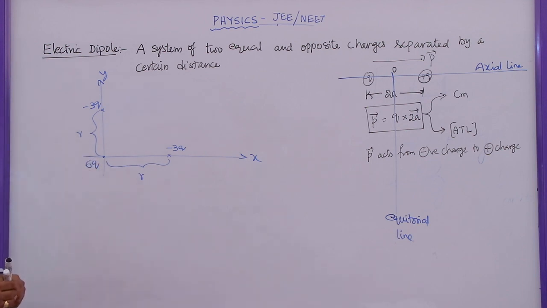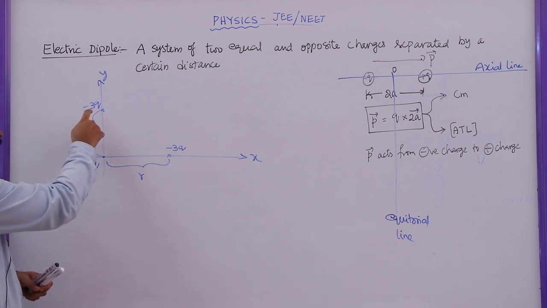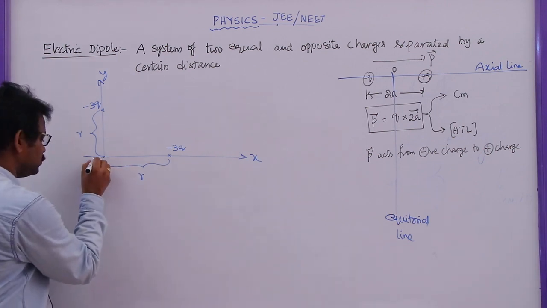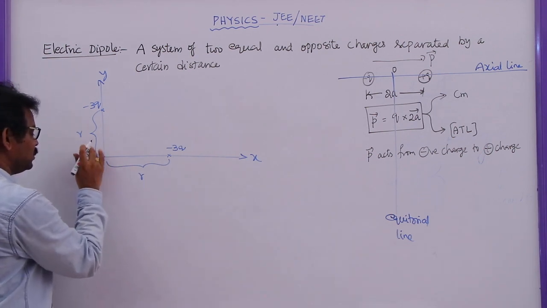So in this case, we have two dipoles. What is the net dipole moment of these three charges? That's the question.